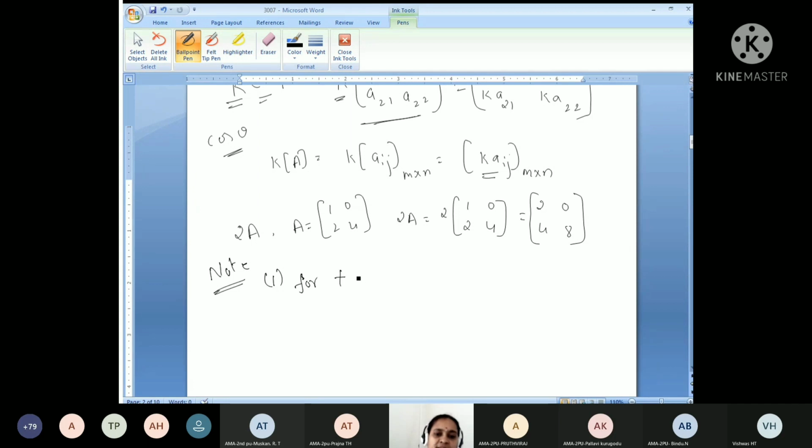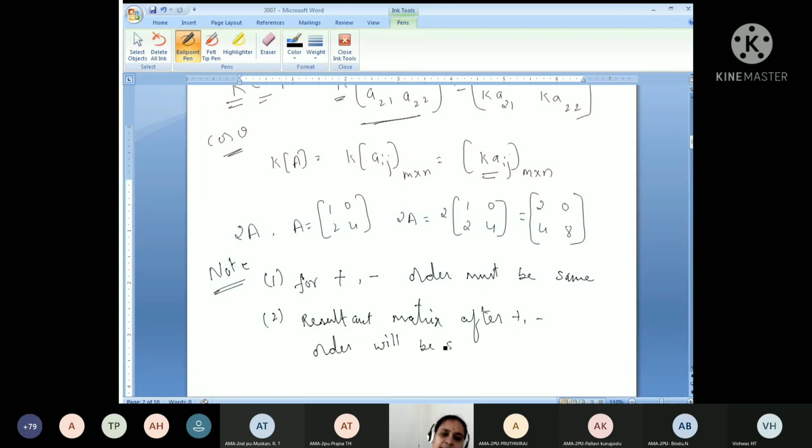Either for addition or subtraction, order must be the same. That means the resultant matrix after addition or subtraction will have the same order. The order does not change. Order will be the same.